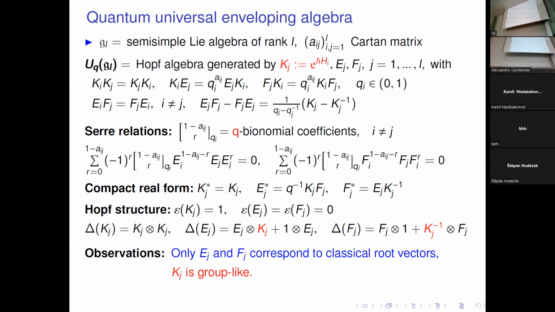So you have this relation you have seen. Alessandro didn't write the relation, but that's important. If you take the simple roots, the other roots you get by adjoint action. But in the quantum case, that won't work. You just generate elements of higher and higher order in the quantum enveloping algebra.